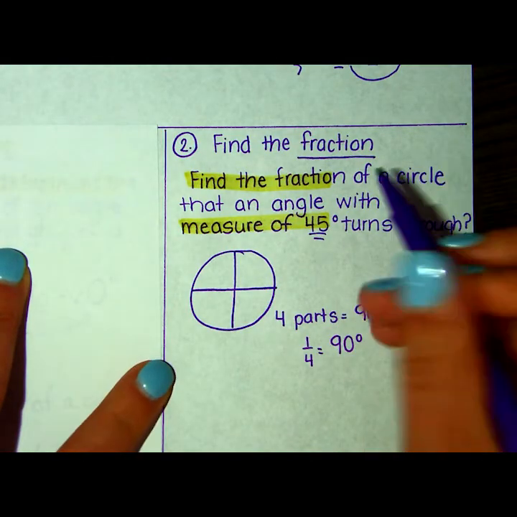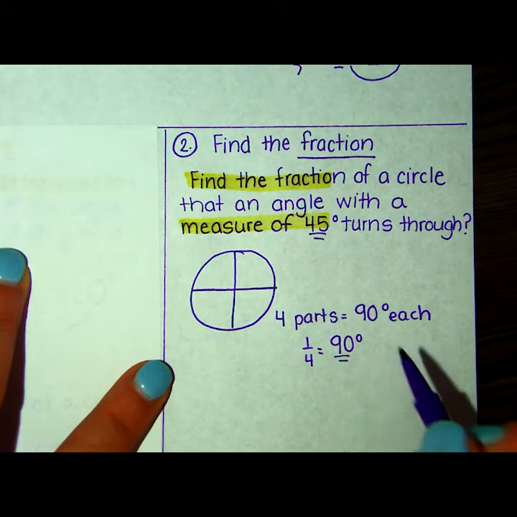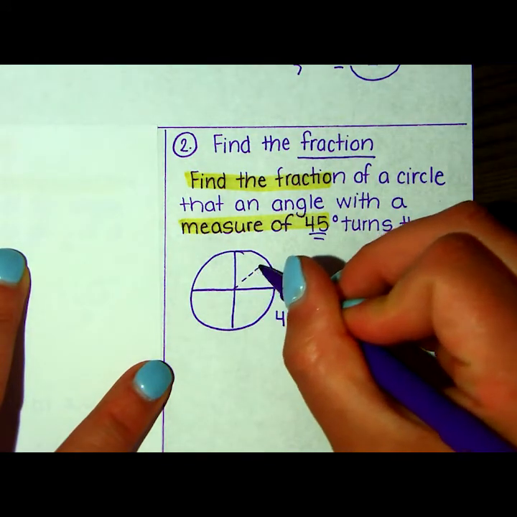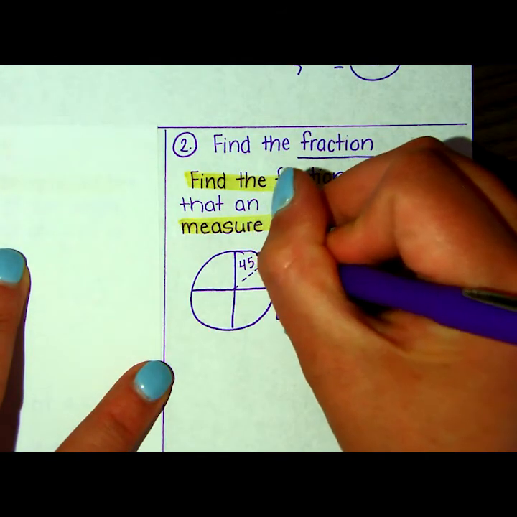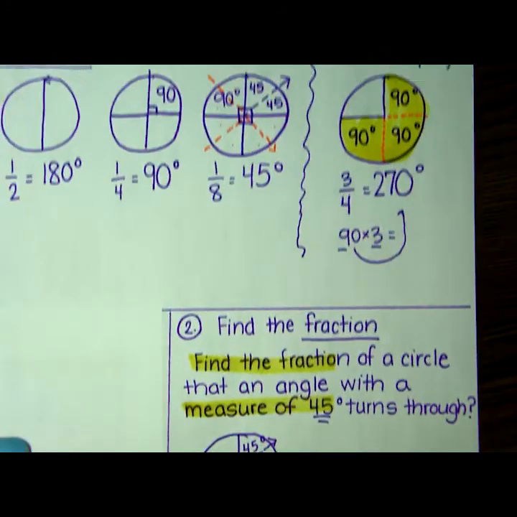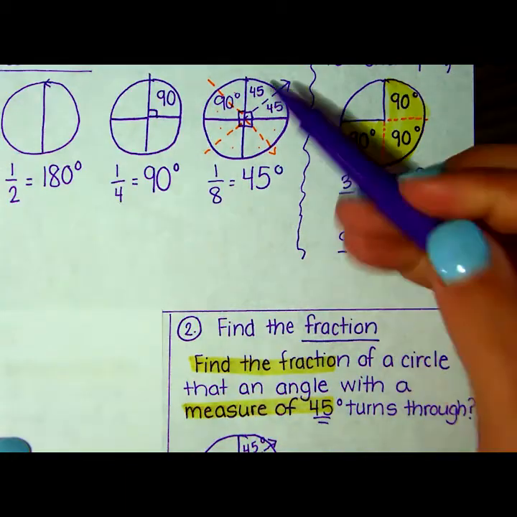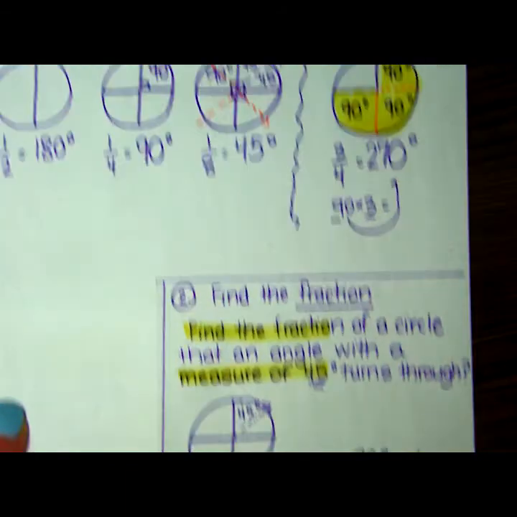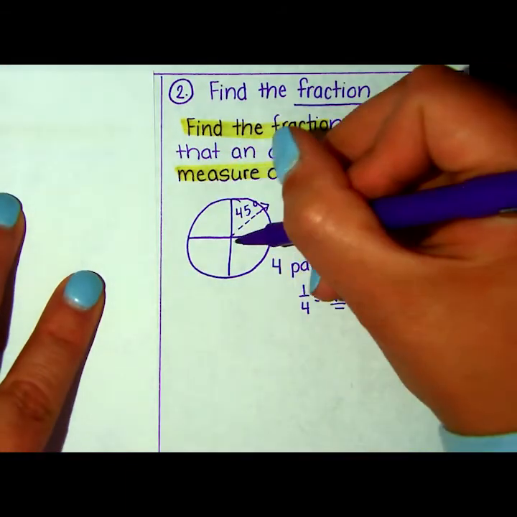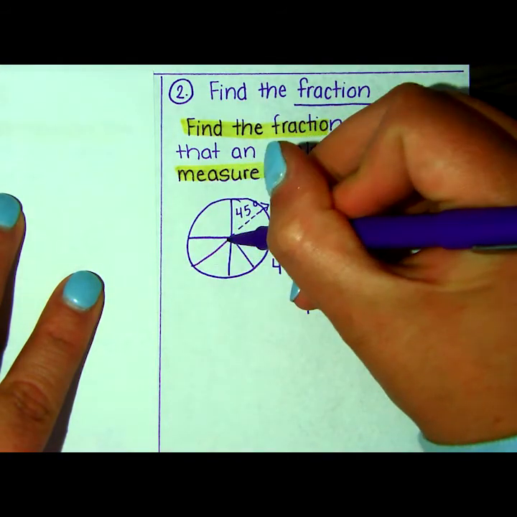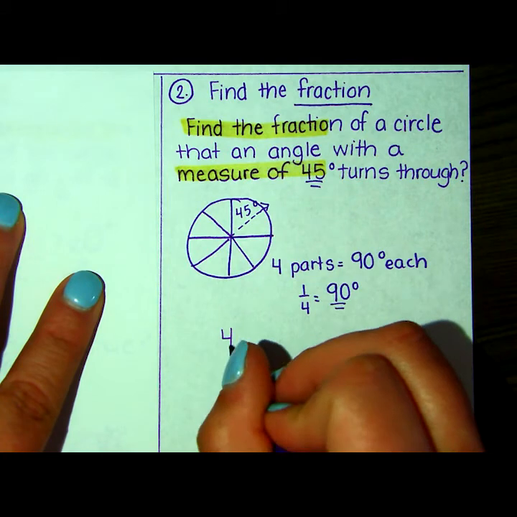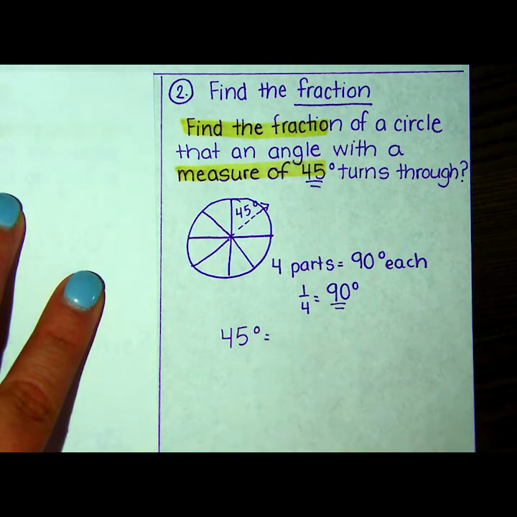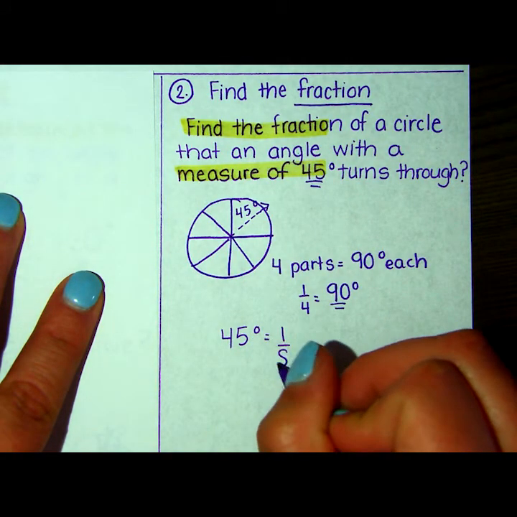Now, half of 90, right? When we did that up there earlier, didn't we say that this was a 45 degree angle? Do you remember that? And if we think about that, that's like cutting this circle into 8 equal parts. So a measure of 45 degrees is going to be equal to 1/8 of a circle.